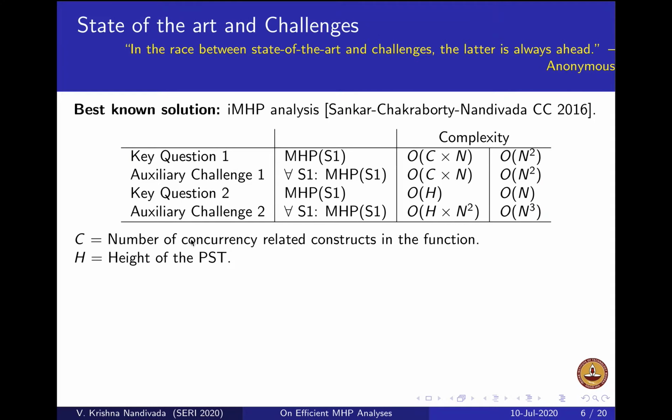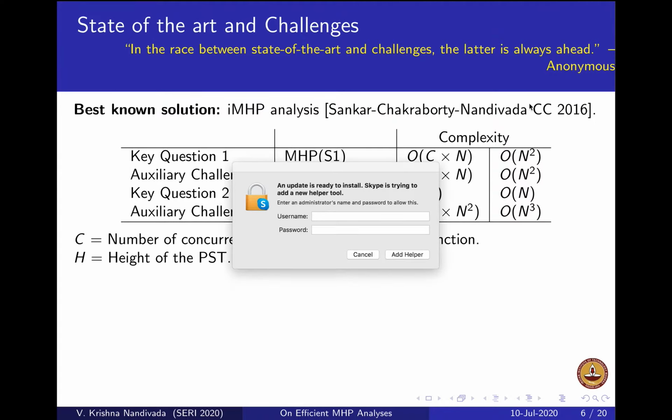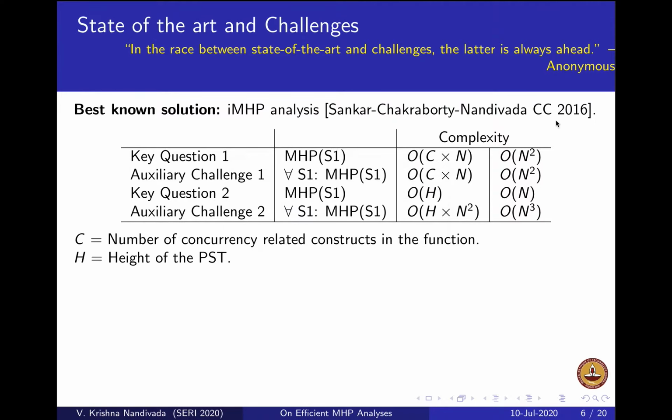What's the state of the art? The best known solution to compute MHP analysis for all the four questions and challenges we talked about is given in a 2016 paper, where key question 1 is answered at a cost of O(C times N), where N is the program size and C is the number of concurrency related constraints.